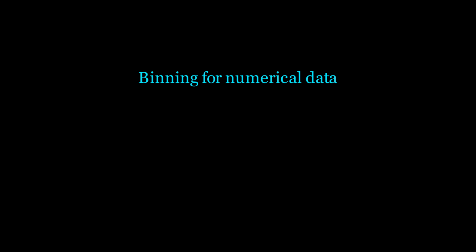While binning is our go-to technique for numerical data, our next method, formatting, is essential for cleaning categorical data. Imagine your dataset contains city names. If one entry says New York with a capital N and Y, and another entry says New York in all lowercase, a machine learning algorithm will treat them as two completely different cities.